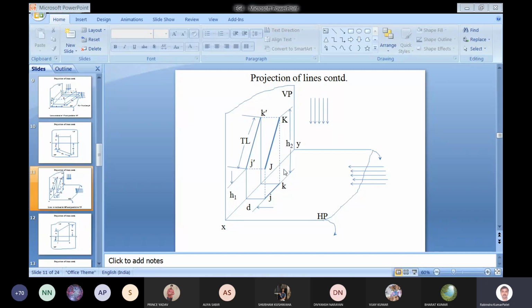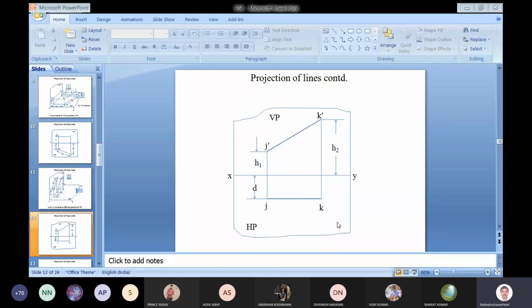Again we do the same exercise, rotating the horizontal plane by 90 degrees in the clockwise direction, so that we can get the projections in a plane. The front view, which is the projection on the vertical plane, is denoted by J dash K dash, which is the true length. The projection onto the horizontal plane will be shortened in length, represented by JK, which is the top view.